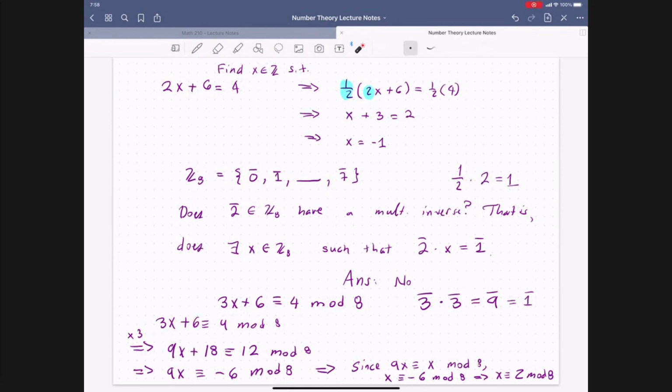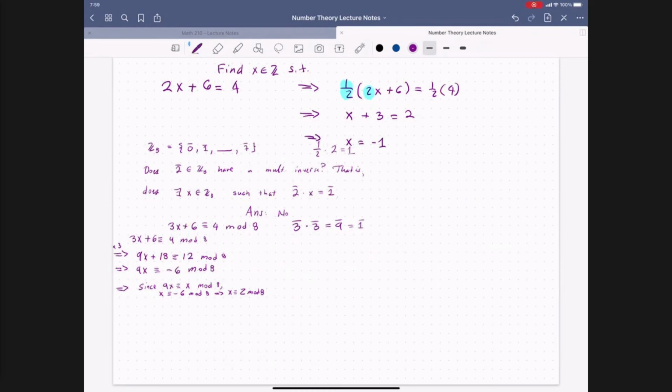But working in the notation of congruence classes actually simplifies our steps. So now we're going to do the same exact question. We have 3x plus 6 congruent to 4 mod 8.